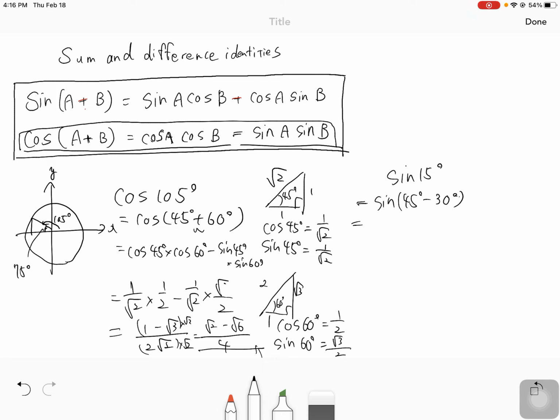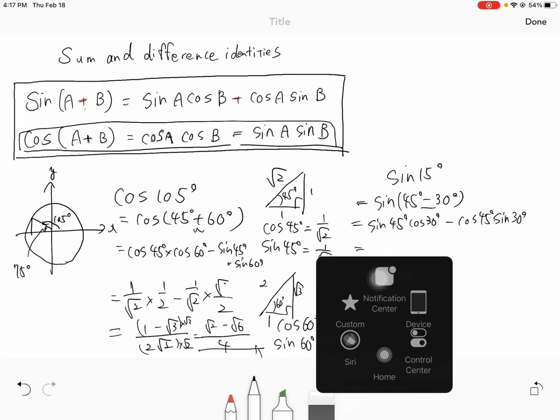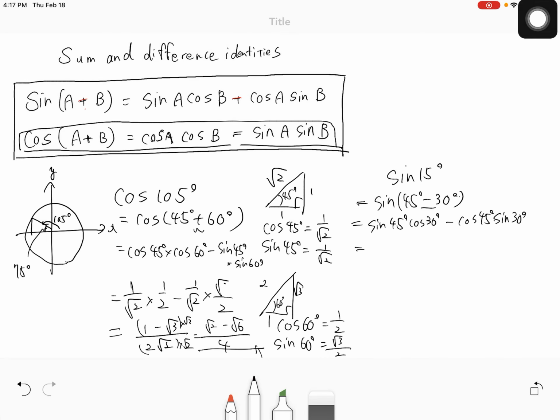Then it's equivalent to sine, cosine. Then this one is negative, so it's going to be negative as well: sine, cosine, cosine, sine. And sine 45 degrees is 1 over square root of 2.